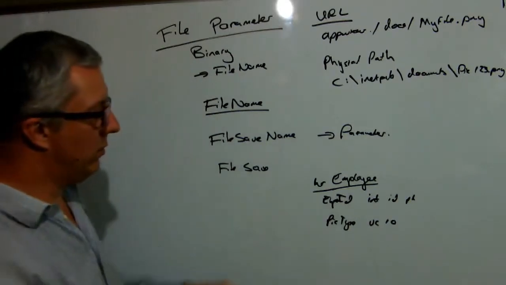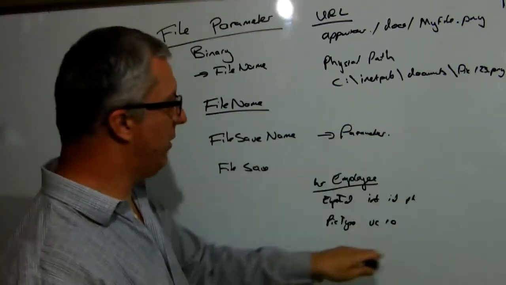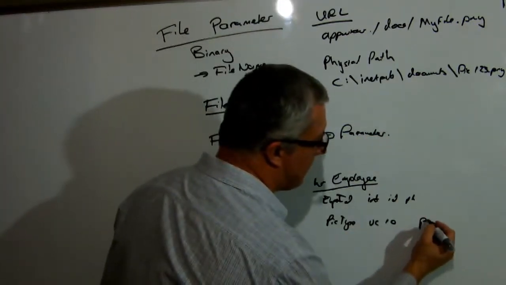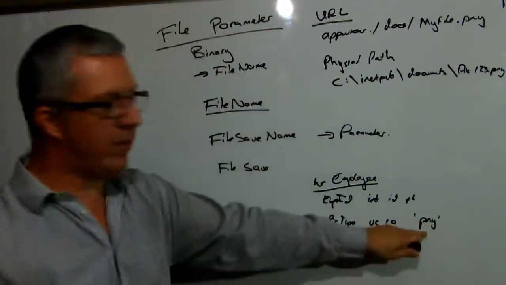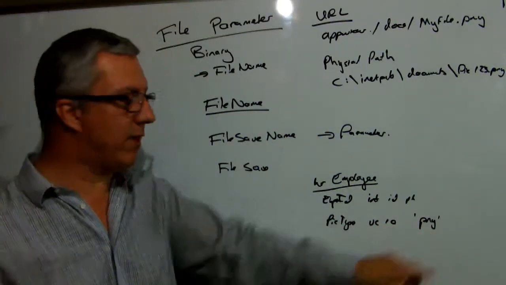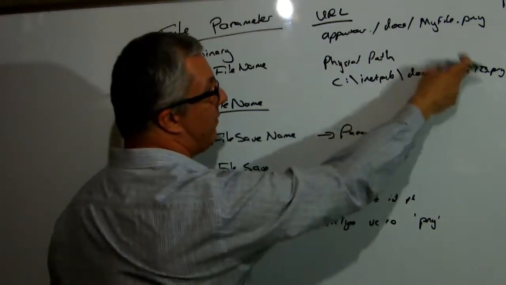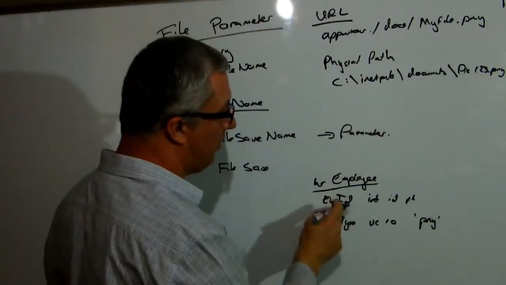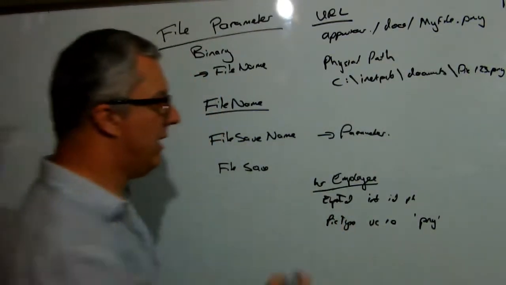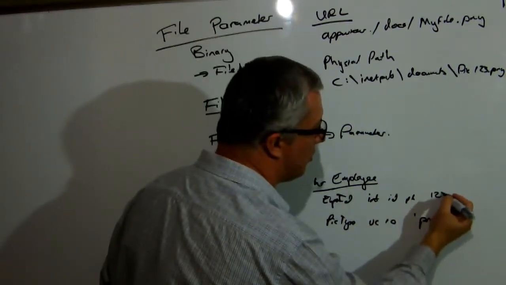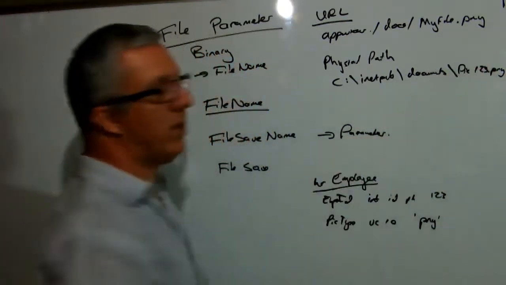So what I will do is in my picture type I will say, okay, he has saved it as a PNG, so I will remember that it's a PNG type of file, and when I save the file over there I will use my employee ID. So let's say I'm on employee number 123, then that is what I will save it as.